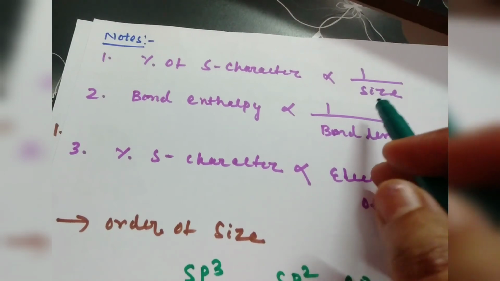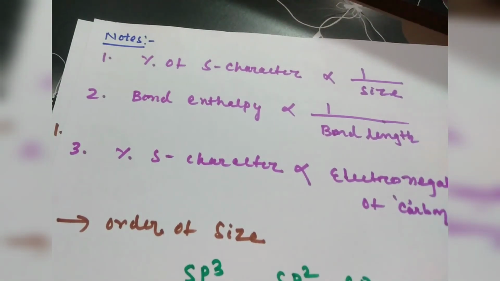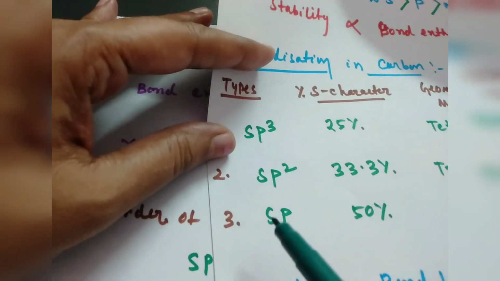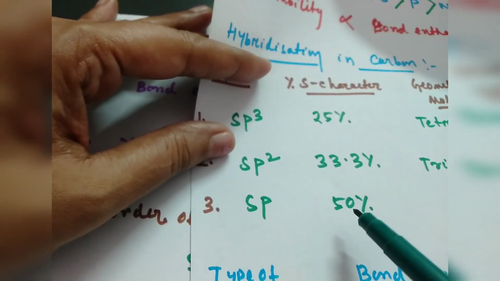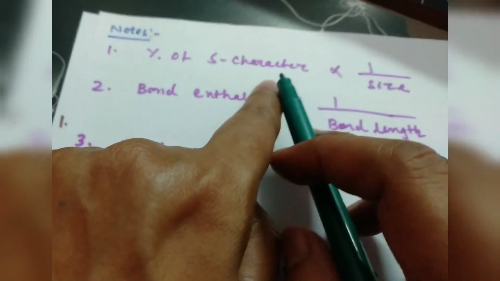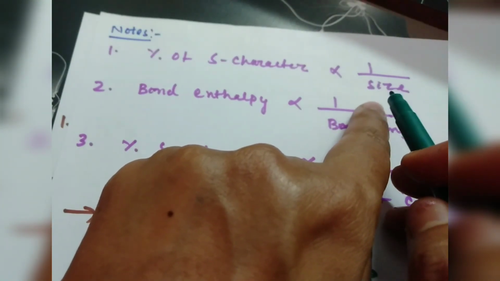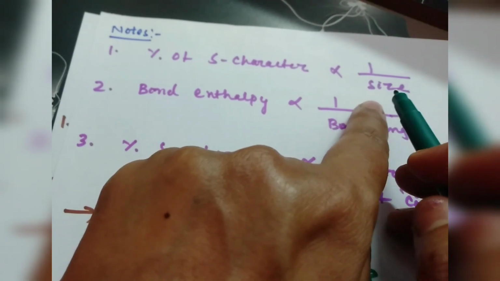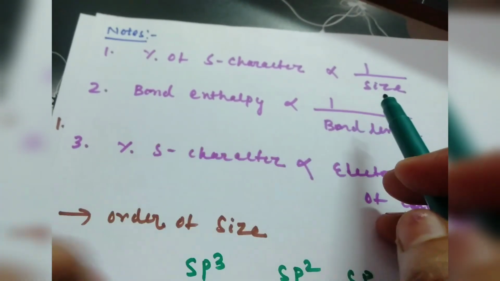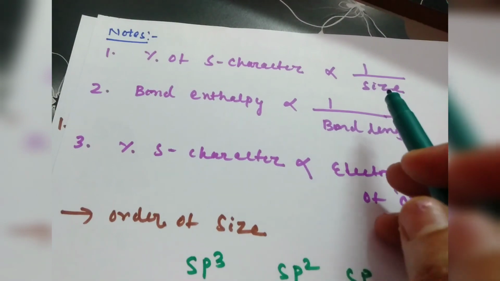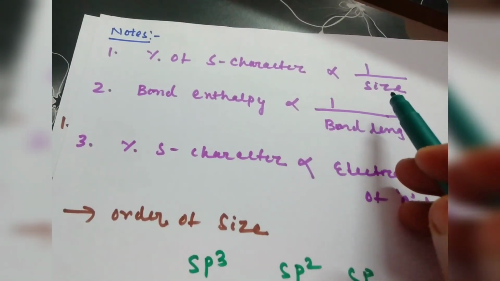In sp hybridization the percentage of s character is maximum, that is 50%. So when the percent of s character is more, the size of the element is less. That means the compound in which the hybridization is sp, that is the structure is linear, the size of the corresponding element is less. So there is an inversely proportional relationship.